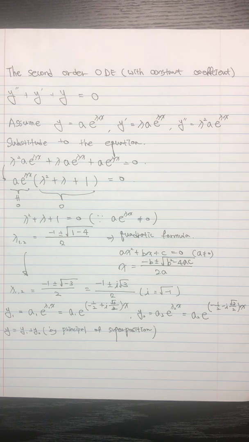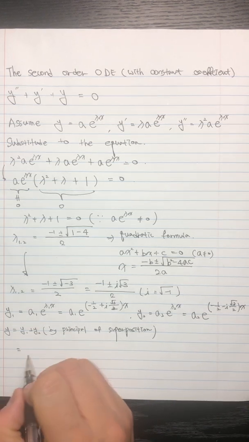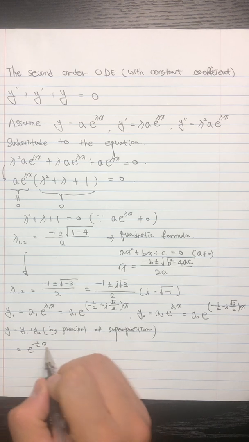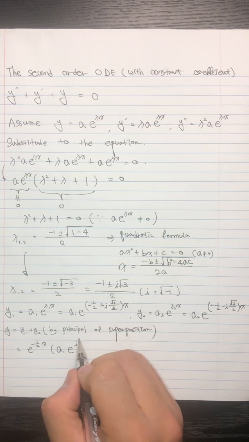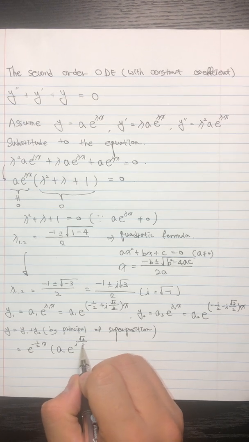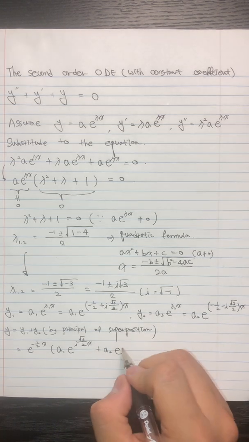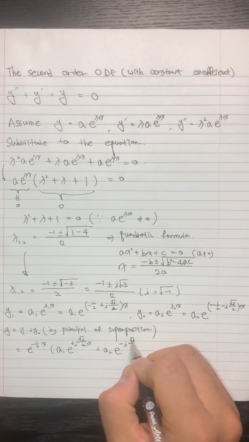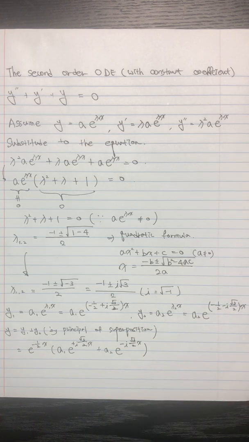The system is linear, that's why we can use the principle of superposition. Understand? So if we add them together: y equals exponential of minus 1 over 2 x, a1 exponential of i square root of 3 over 2 x plus a2 exponential of minus i square root of 3 over 2 x, right? Here's plus and minus.